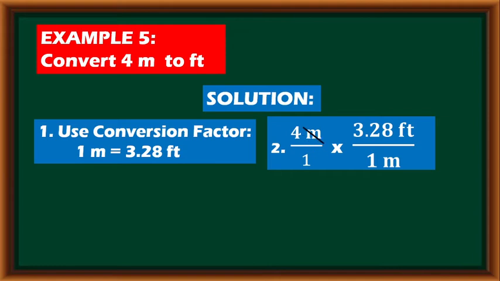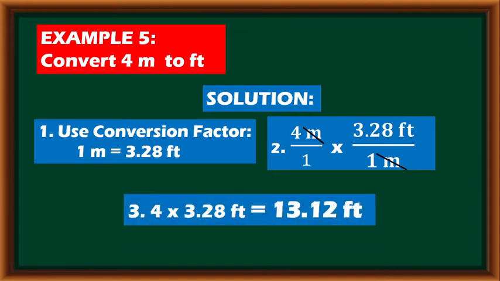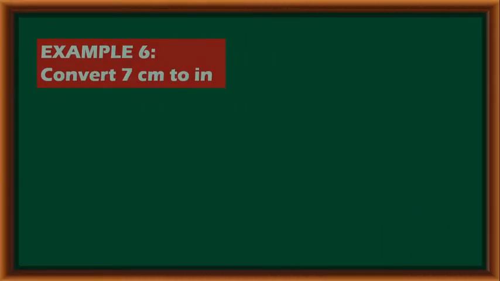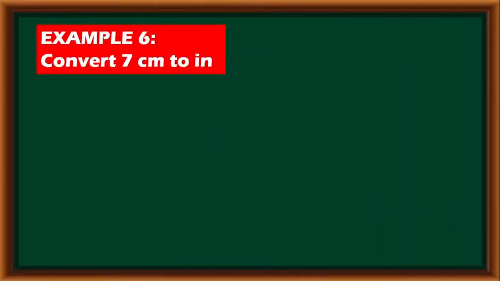So you cancel out meter and meter. Remaining now is 4 times 3.28 feet, which is exactly equal to 13.12 feet.